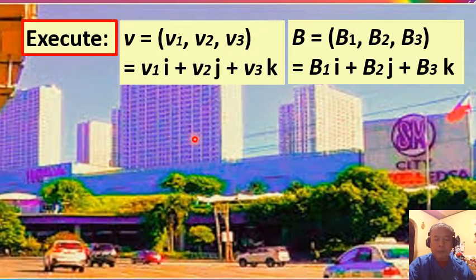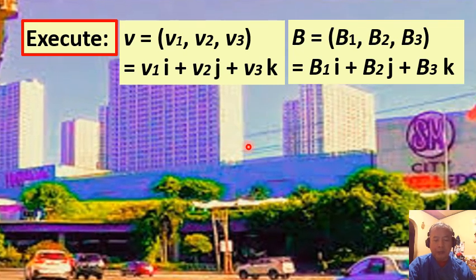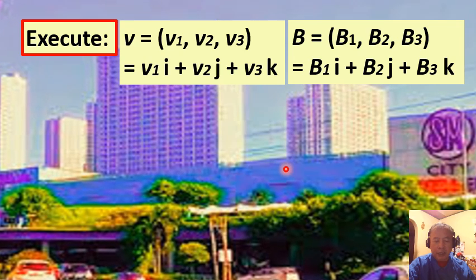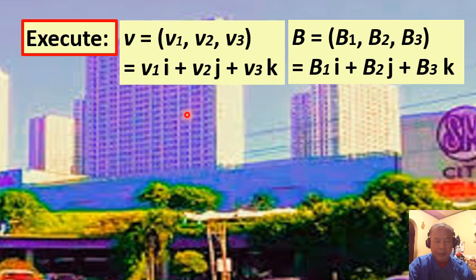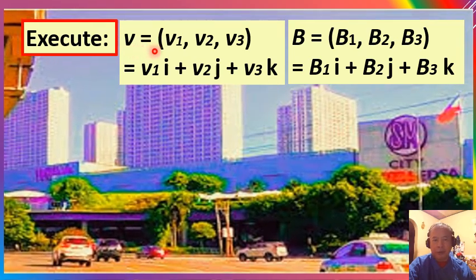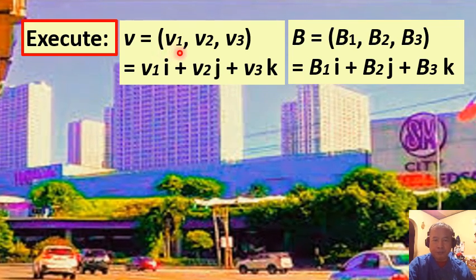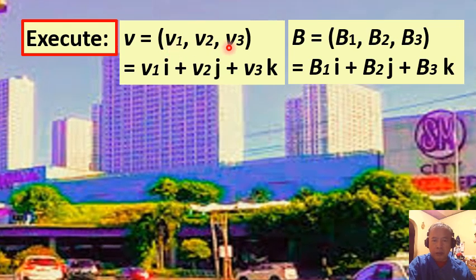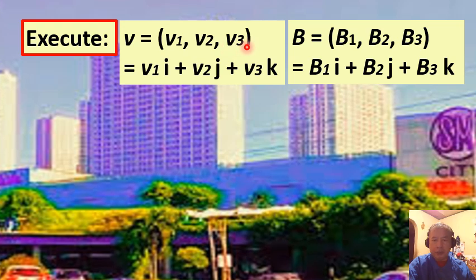To have the formula for the cross product in terms of their components, we write the components of the velocity vector and the magnetic field vector as given here. So the velocity vector is in terms of the components v1, v2, v3 for the x, y, and z components respectively.